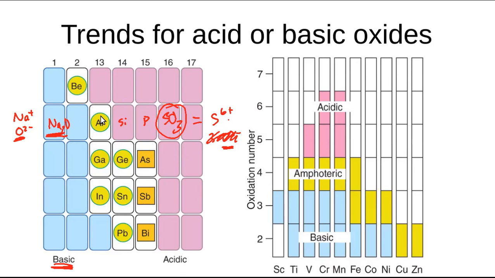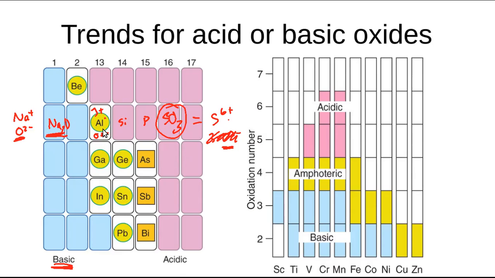And in between here, we have, for example, aluminum, where the aluminum 3+ ion and the oxygen 2- sort of balance each other. And it's difficult to find any clear acid-base character of aluminum oxide. Maybe it can dissolve in acids, thus acting as a base.